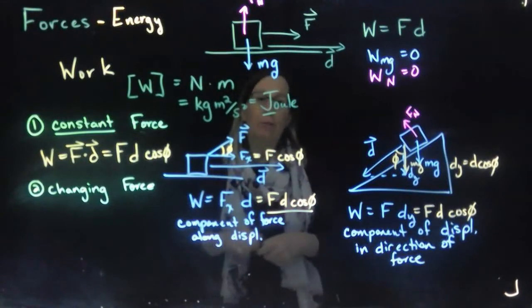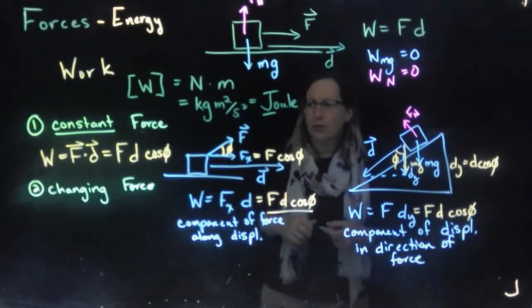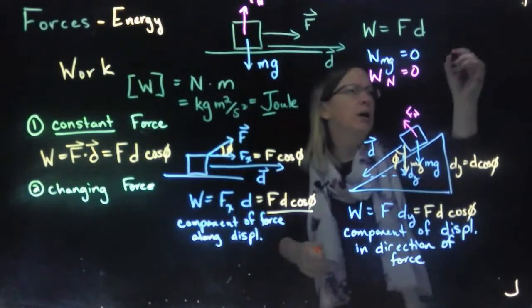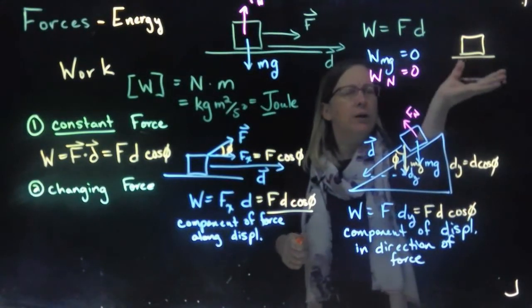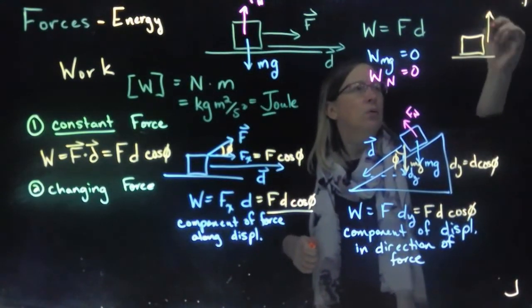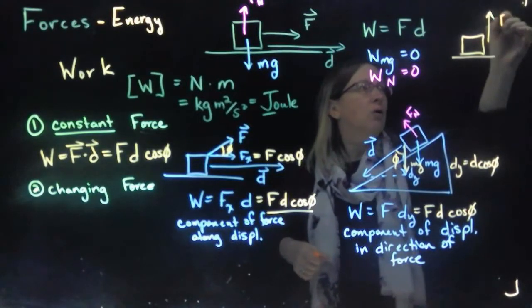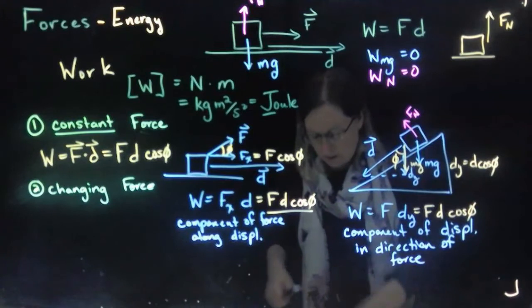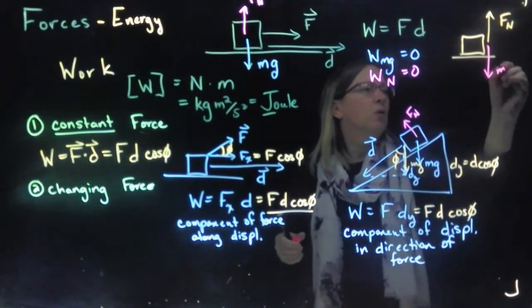Notice we can have a positive work or we can have a negative work. You can have a situation, for example, where you take a block and you hold it and you lift it up. Then if we look, you've got a normal force that's up. And if you lift it up at a constant speed, that normal force must be equal to the weight.